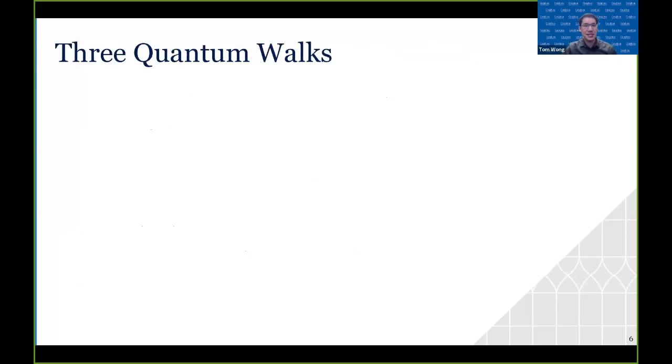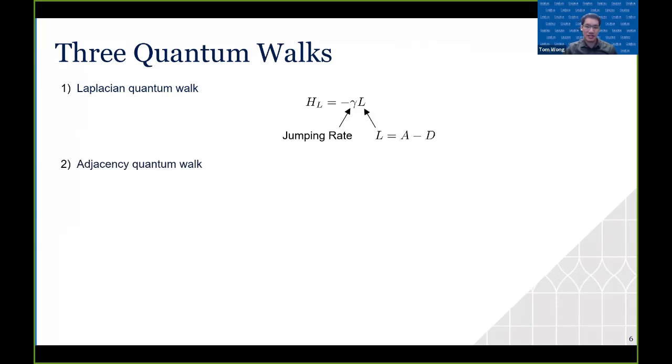Okay, so there are three types of quantum walks that I'll be referring to in this talk. The first two are ones that many of you have seen before. They're very common. The first one is the Laplacian quantum walk, where the Hamiltonian is equal to negative gamma, where gamma again is the jumping rate, times the discrete Laplacian that we had already.